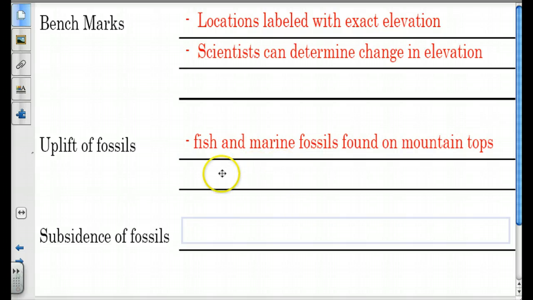Another piece of evidence is that fish and marine fossils, marine meaning ocean, can be found at the mountaintops. There are places in the Himalayas where you can find shark teeth fossils, and it's not that somebody carried these fossils up there and dropped them.